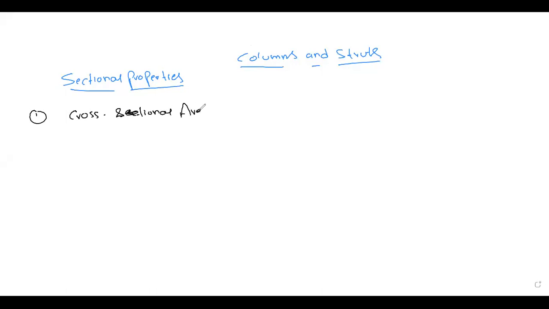Okay, and the second one is moment of inertia.